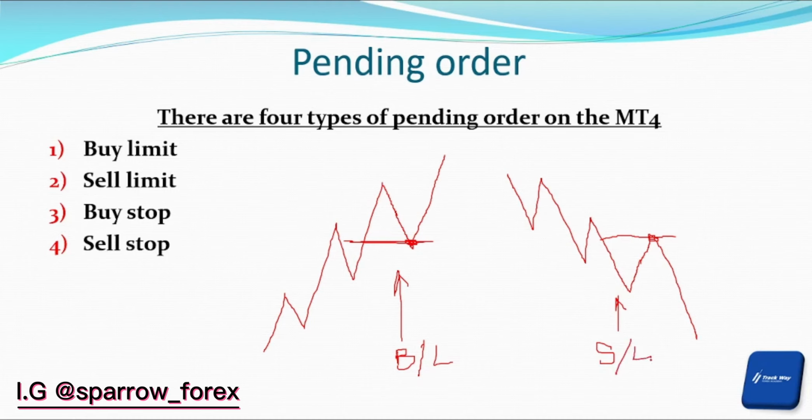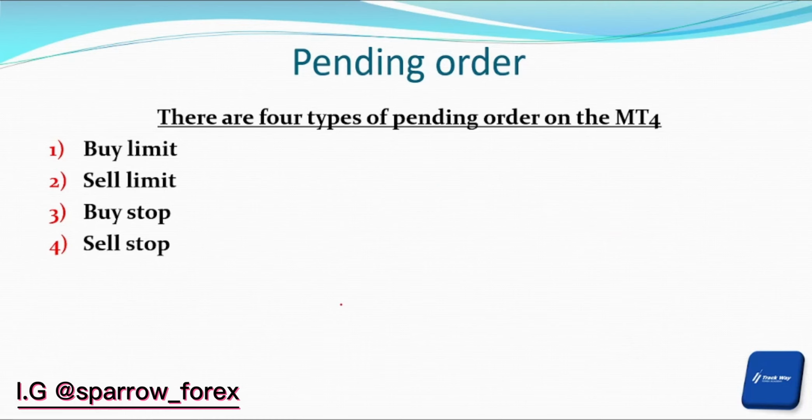All right, now we have the third one and the fourth one, which are buy stop and sell stop. Now buy stop is an order you place above current market price, expecting price to trigger your order and keep moving in the prior direction, which is the up direction.